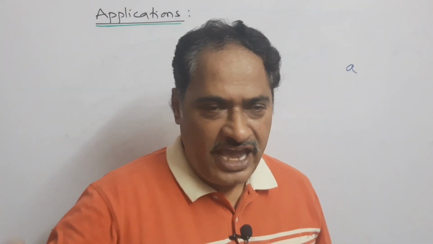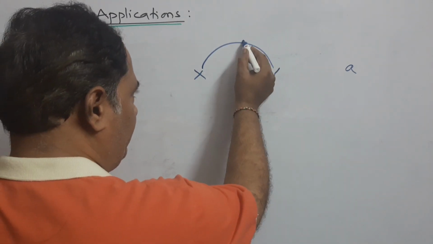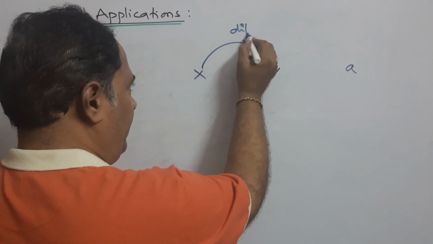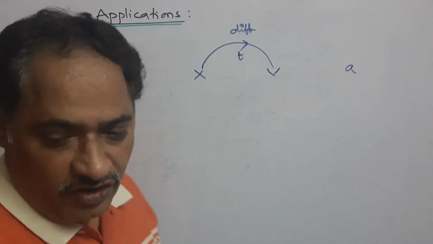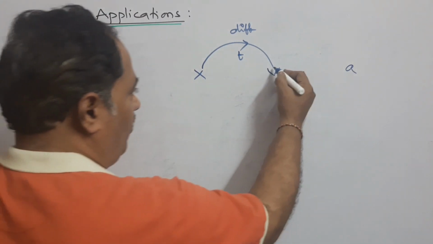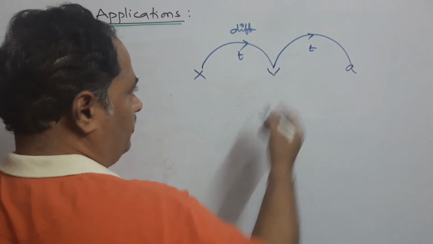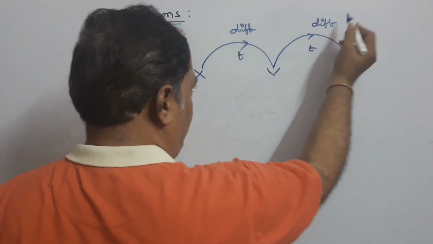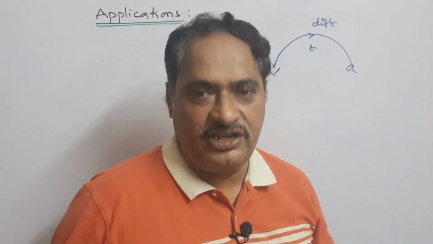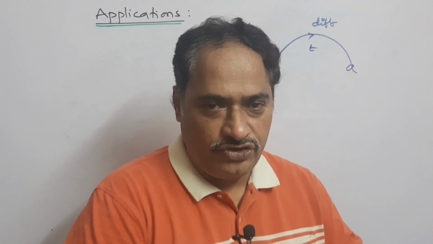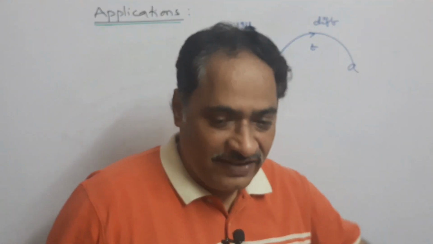Displacement, velocity, acceleration. You differentiate x with respect to time, you are able to get velocity. If velocity is differentiated with respect to time, then you are able to get acceleration. If you differentiate acceleration with respect to time, you will get jerk. Here I don't want to discuss jerk, I just want to restrict my lesson up to acceleration.